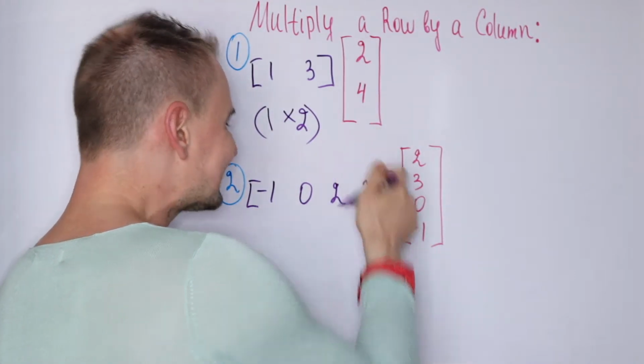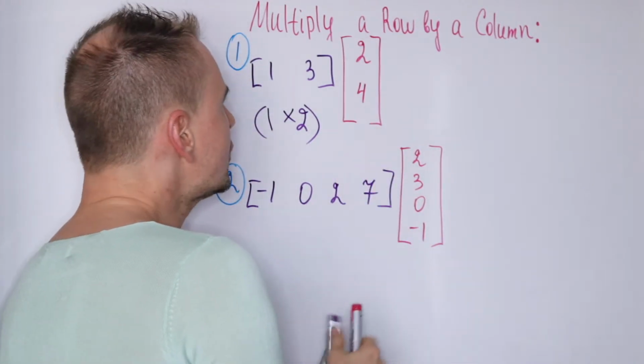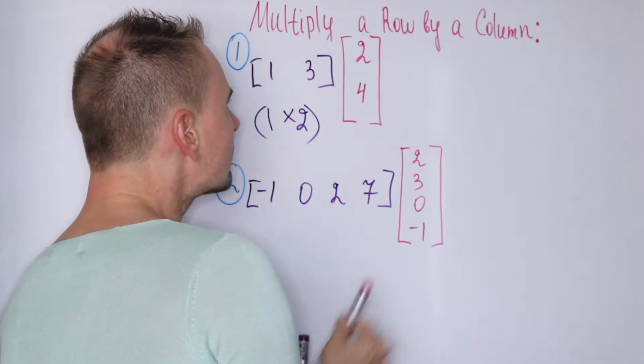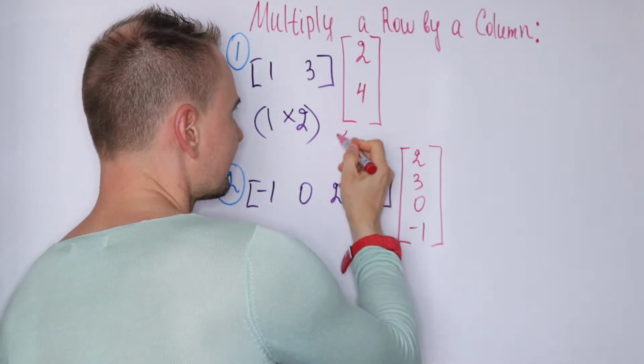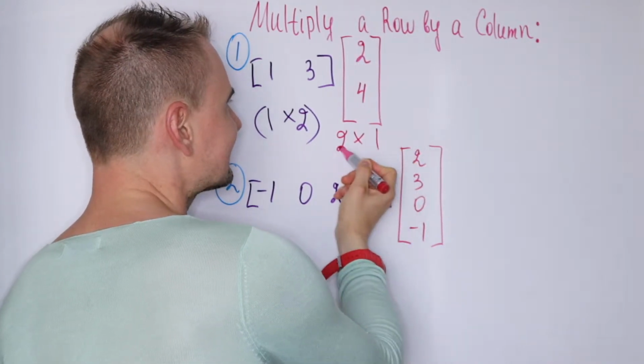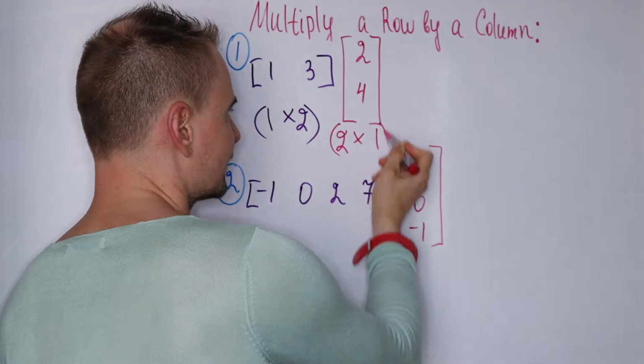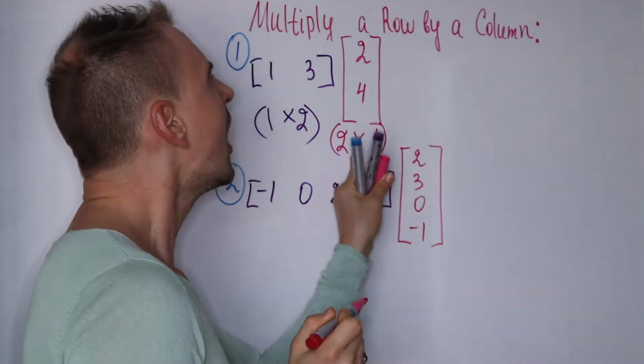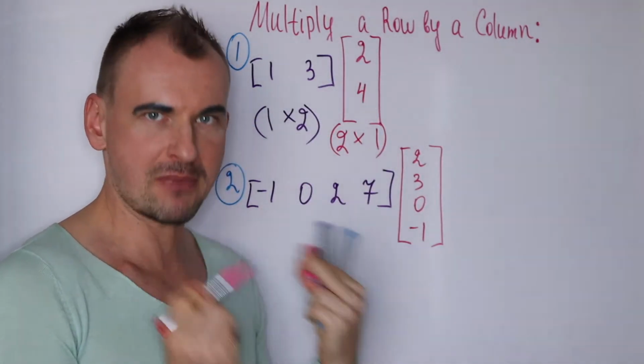Now for the second matrix, you have two rows and one column, so the size is 2 by 1.